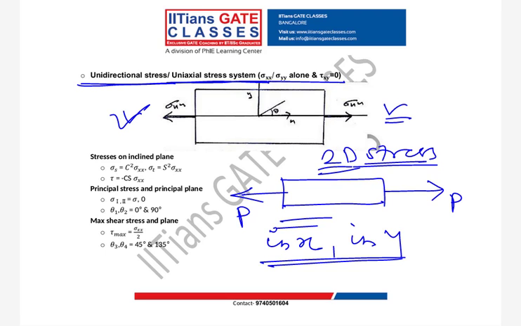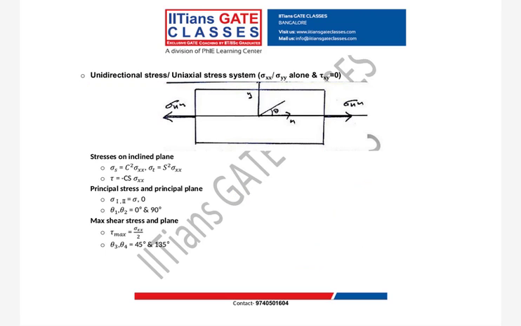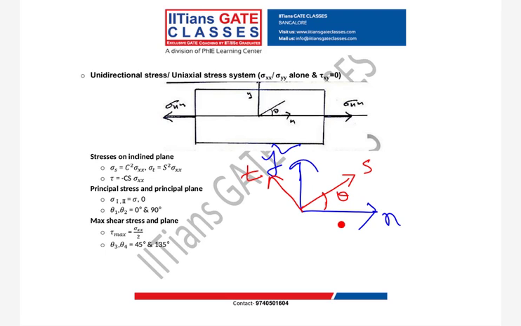Now I take another coordinate system making an angle theta with the X axis. I want to know the stress along S direction, along T direction, and the shear stress in the S and T plane.